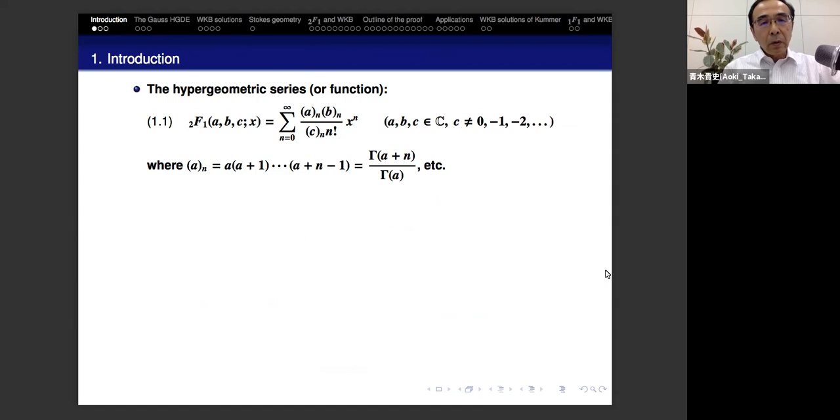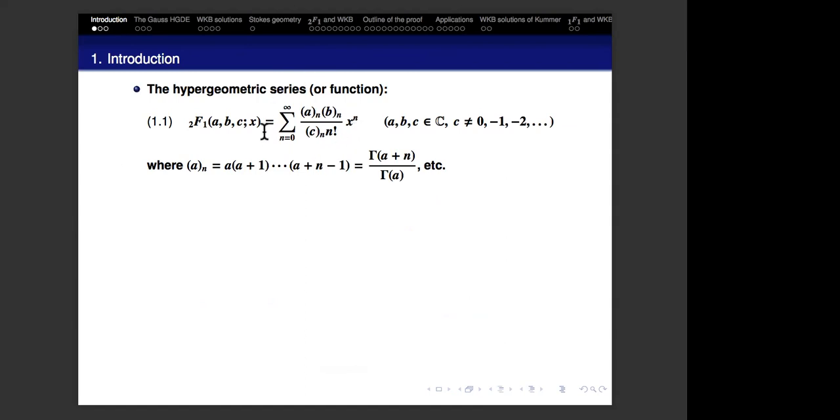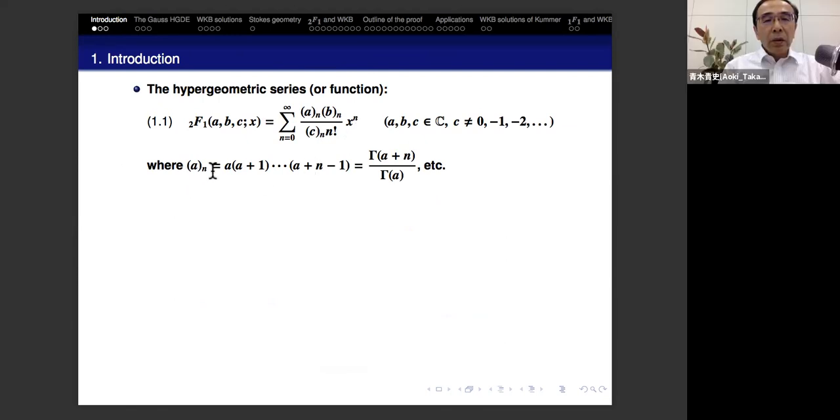You know, the hypergeometric series is given here, where this symbol is the so-called Pochhammer symbol. And we assume a, b, c are generic complex constants.